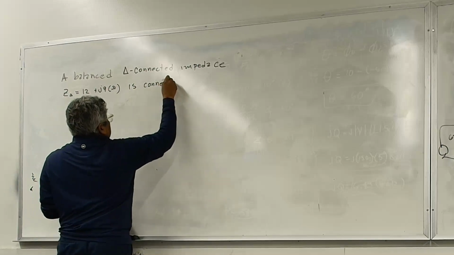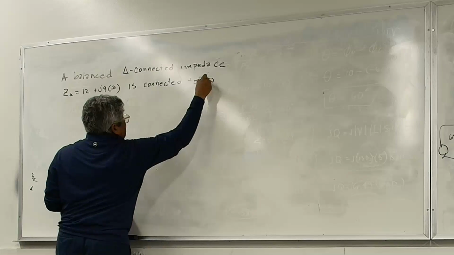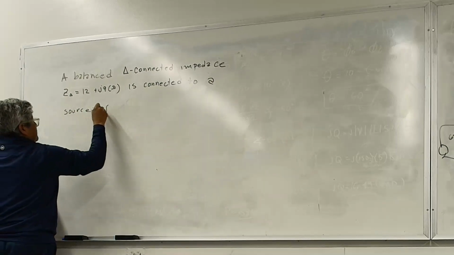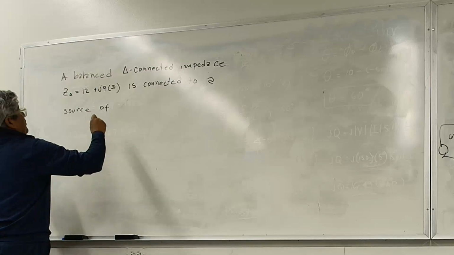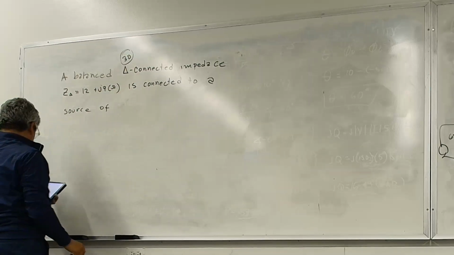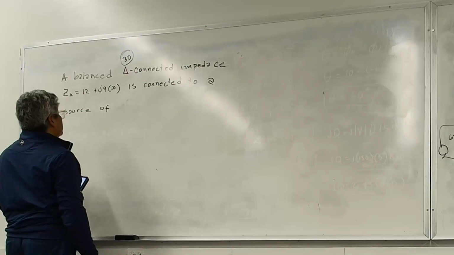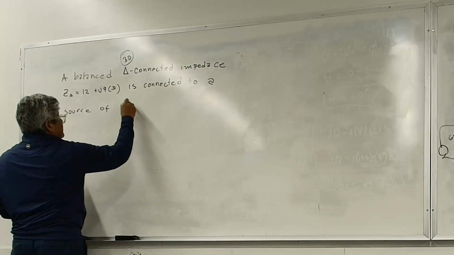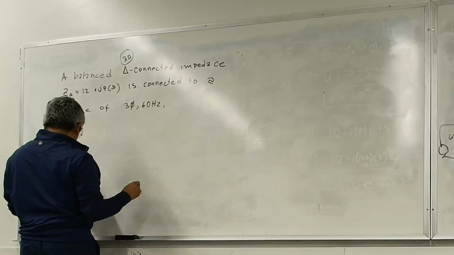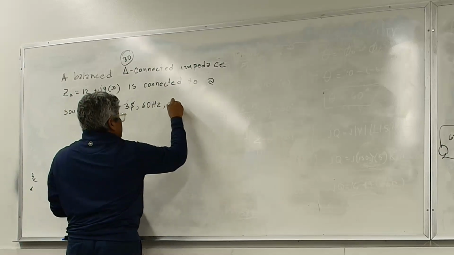connected to a source of a balanced, well, we know it's three-phase because it's delta connected, right? To a three-phase 60 hertz source of 208 volts.